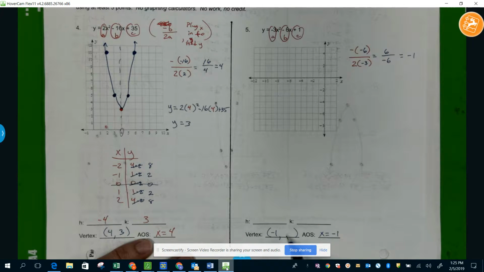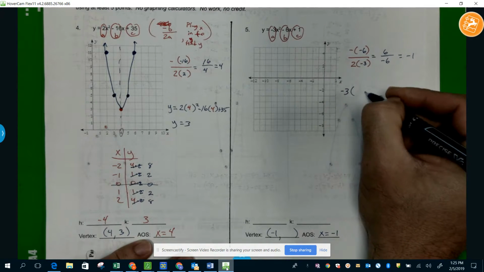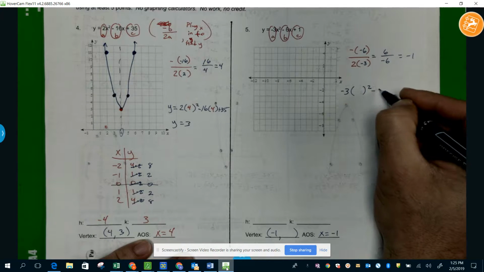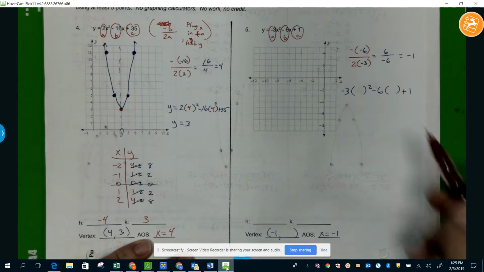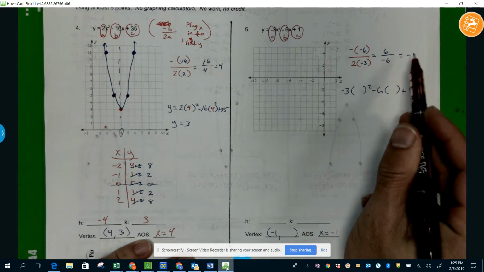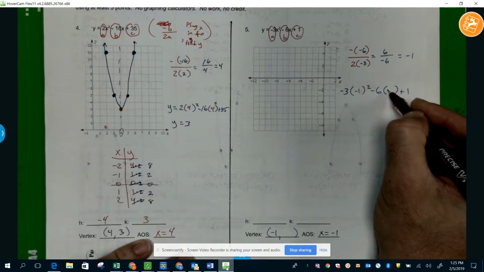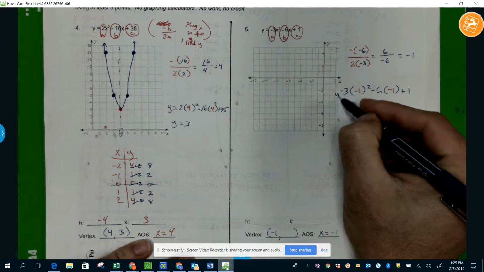All right, now we need to find the y value of the vertex. To do that, we're going to rewrite the original equation, but we're not going to use x's. We are going to use parentheses. So negative 3 times parentheses squared minus 6 times parentheses plus 1. Instead of using x's in our original equation, we are going to use the x value we came up with, which was negative 1. This is going to give us our y value.